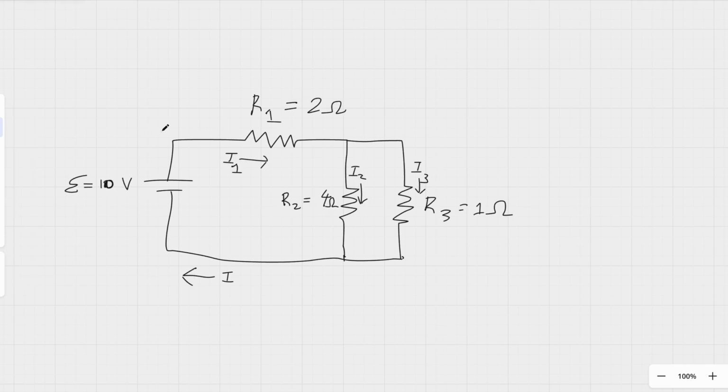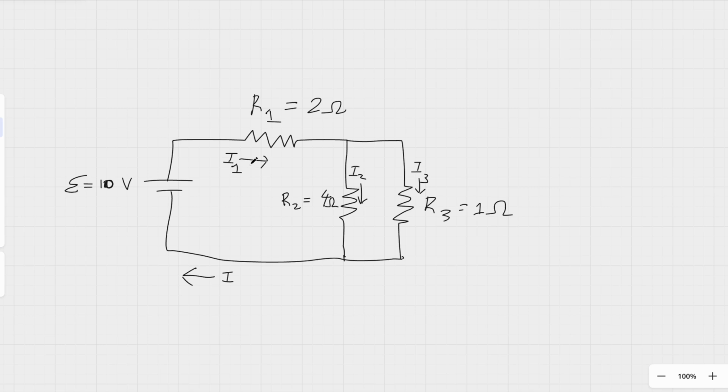Okay, so this will be the circuit that we will be working with. It has an electromotive force of 10 volts, resistor 1 of resistance 2 ohms, and then resistors 2 and 3 in parallel of resistance 4 ohms and 1 ohm respectively.